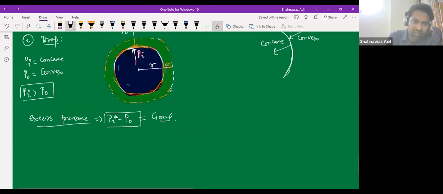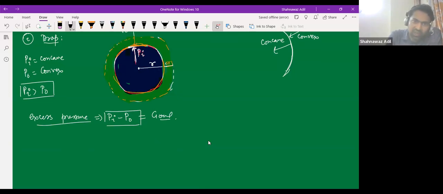One is that we are doing some work in moving this thing to some delta R distance, due to this pressure change.